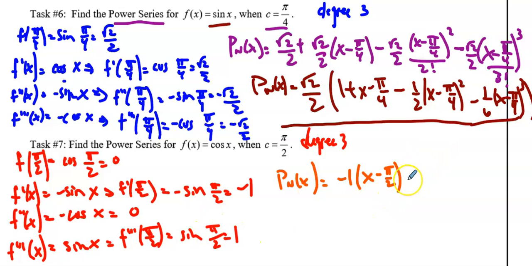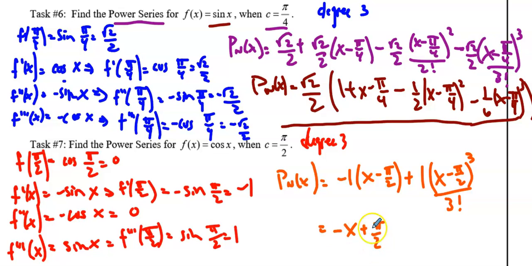And then plus 1 times x minus pi over 2, cubed, since this was the third derivative, all over 3 factorial. So this is going to end up being negative x plus pi over 2. Most of the time, they will pull the pi over 2 out and write pi over 2 minus x when they simplify it a little bit more. And then 1 over 3 factorial, which is 1/6 times x minus pi over 2 cubed. And that's what you would expect to see.